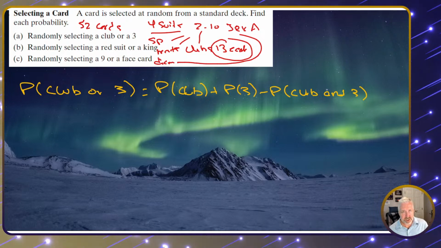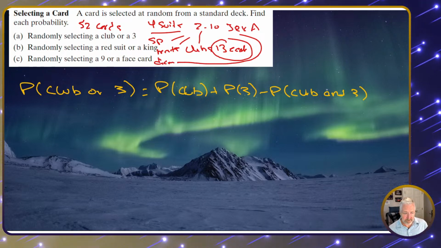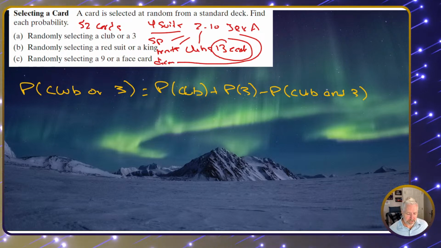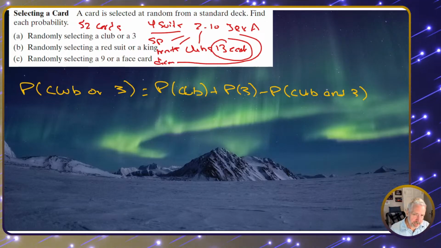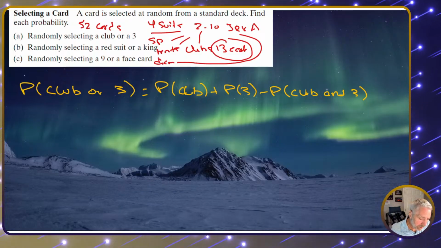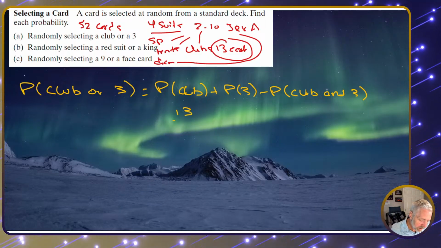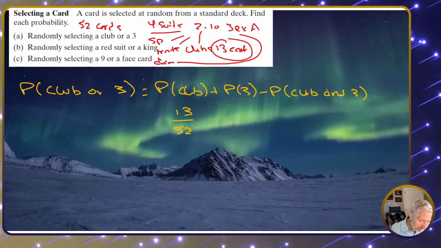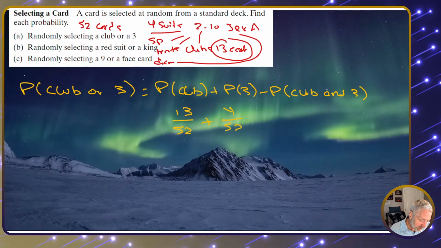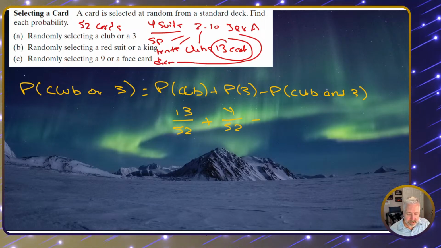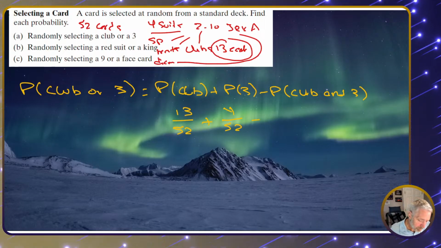This subtraction out, this overlap from, say, the Venn diagram, where they share something, has a number. It's not a 0. So the probability of drawing a club, there are 13 clubs in the deck out of 52, plus probability of drawing a 3, there are 4 of those out of 52. Subtract out how many cards are a club and a 3. That's just 1.